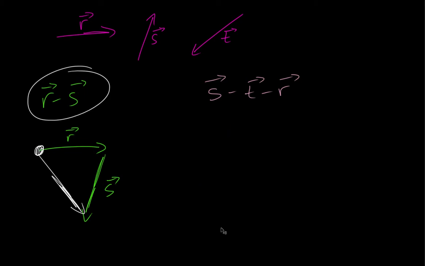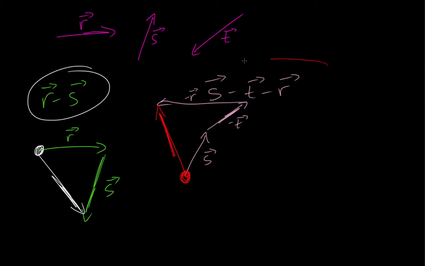Let me try that again. Okay, so I draw S, and then T is normally pointing kind of to the left, so we'll make it point like that. So this is our negative T vector, this is our S vector, and then R, but it's negative, it's going to point this way, and so the resulting vector is from the beginning to the end, and that's going to be this.